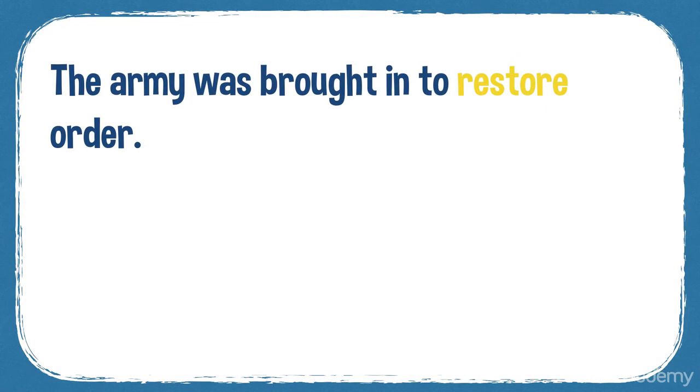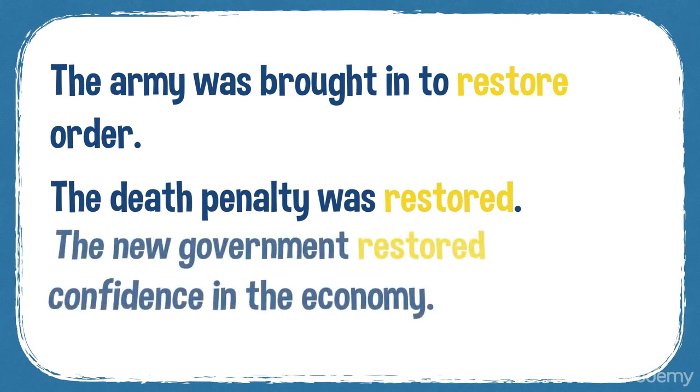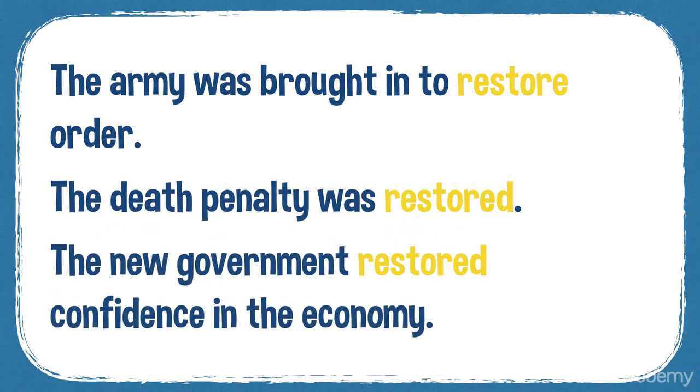So the monarchy was restored. We restored the monarchy. The army was brought in to restore order. The death penalty was restored. The new government restored confidence in the economy. And we restore confidence.